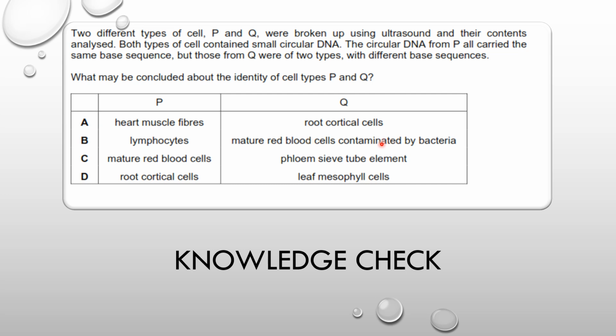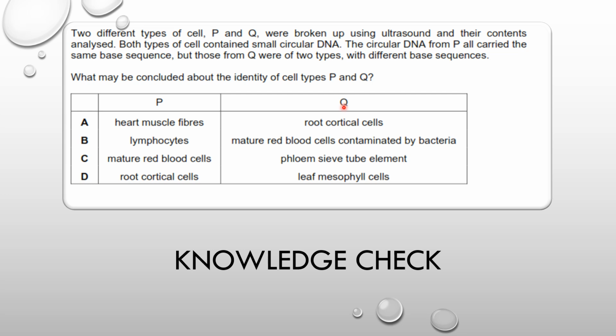Mature red blood cell, animal cell, has mitochondria. But they say contaminated by bacteria. Even though this has circular DNA, you see, this is another cell. The circular DNA is inside this bacteria cell. We're talking about this Q, sorry.